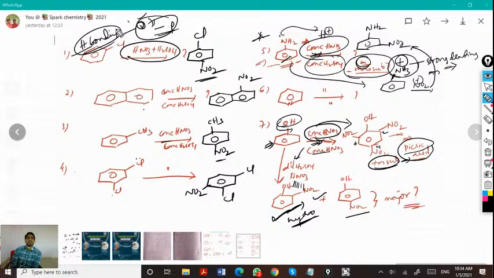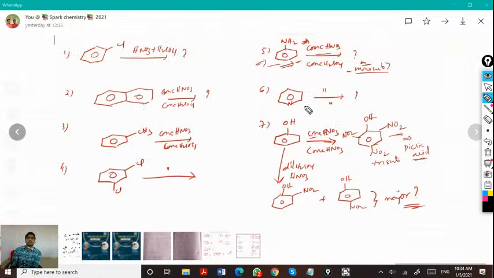So I hope you understand the reasons. Finding the reasons and being able to give them is the best way to improve your subject knowledge, instead of just rewriting the reactions.